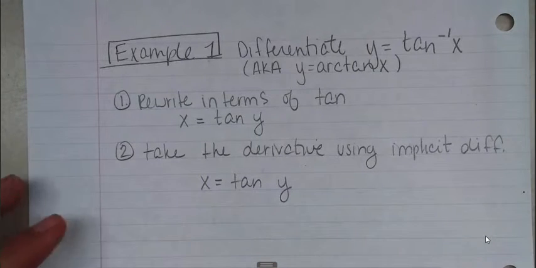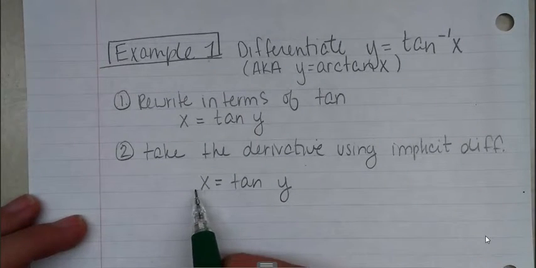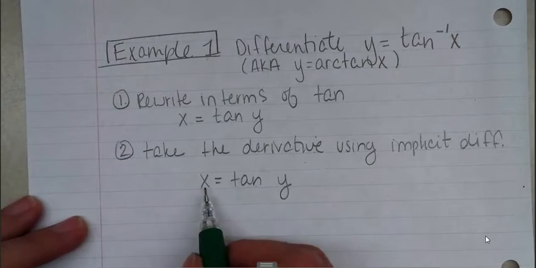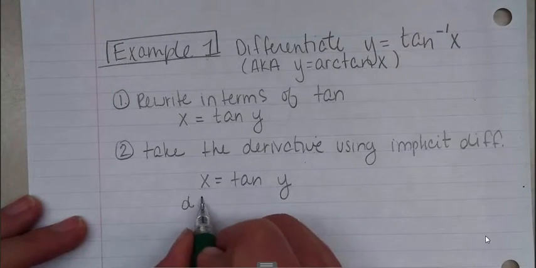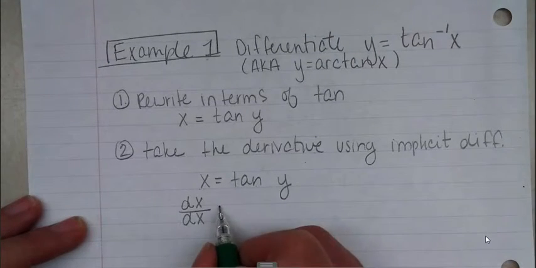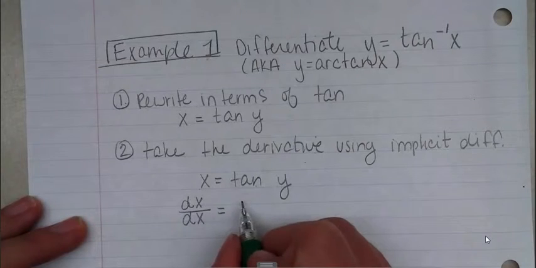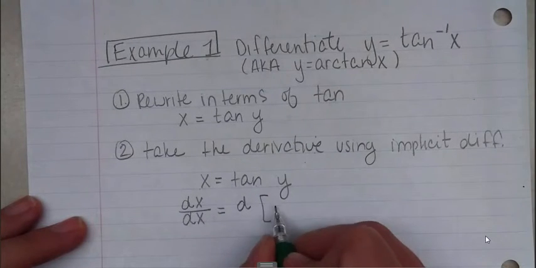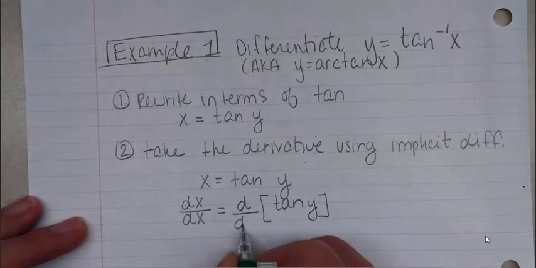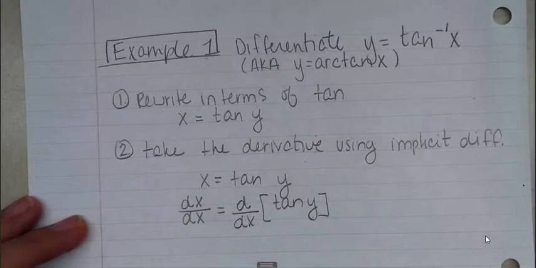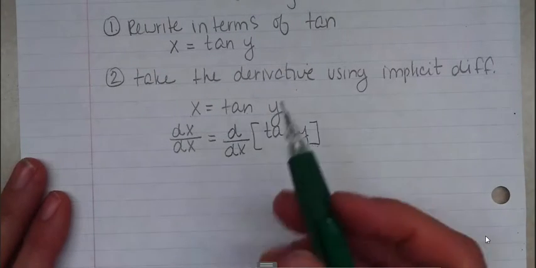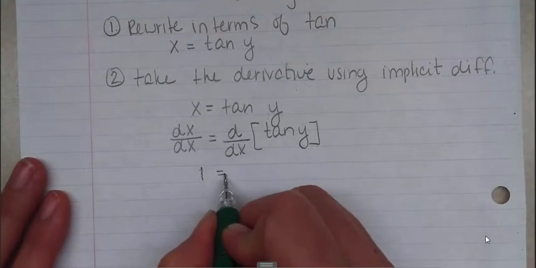Basically what I want to do now is take the derivative of both sides with respect to x. On the left side, I'm going to take the derivative of x with respect to x. Then I'm also going to take the derivative of tan y with respect to x. So on the left side, I just get 1.